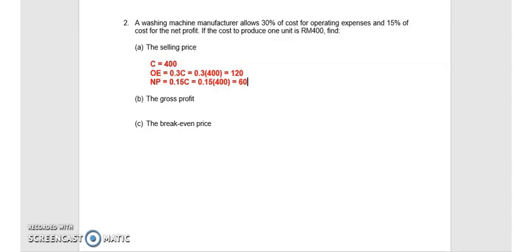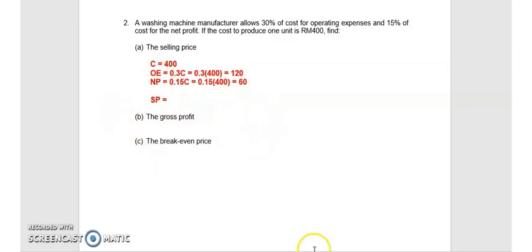Okay, find the selling price. Now we have operating expenses, so again, we need to use a formula that has operating expenses in it. We cannot use the formula selling price equal to cost plus markup, because this formula does not include operating expenses.